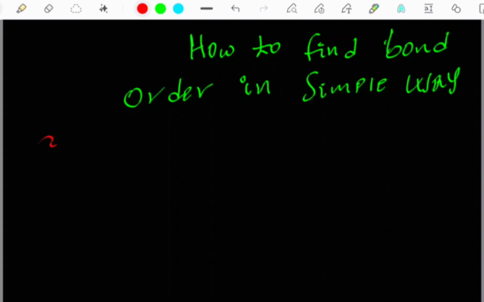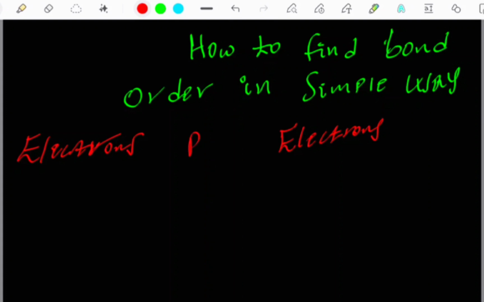So I write here a column of electrons, and also another column of electrons, and this is the column of bond order, and this is also the column of bond order. Our objective is to find the molecule or substance that has a number of electrons between 8 and 20.